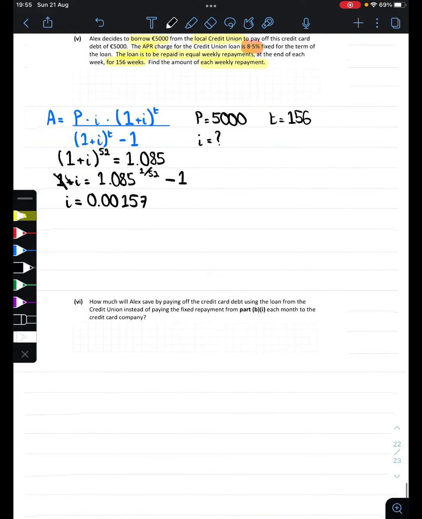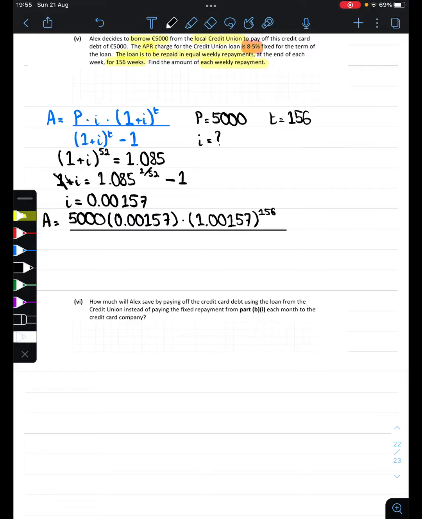Okay, and now we can plug this into our formula to get A. So A equals P, 5,000, times 0.00157, times 1 plus I, so 1.00157 to the power of 156 weeks, all over 1.00157 to the power of 156 minus 1 equals 36 euro and 16 cent.